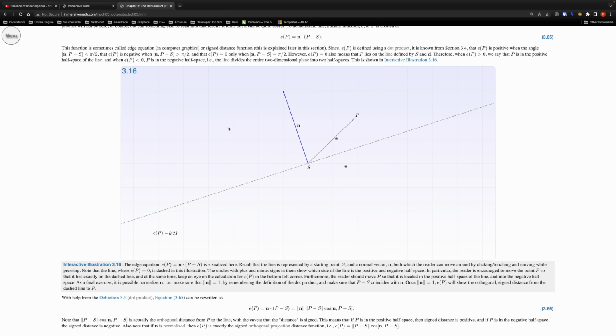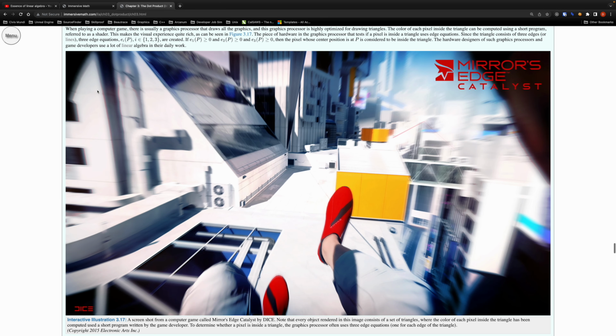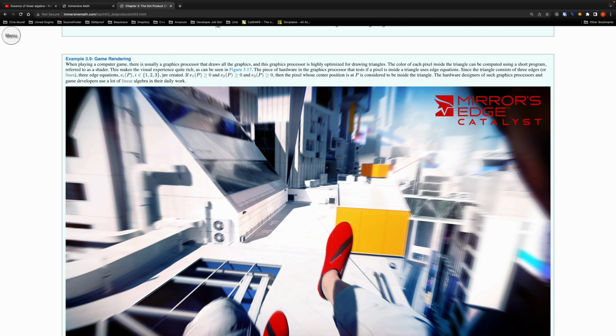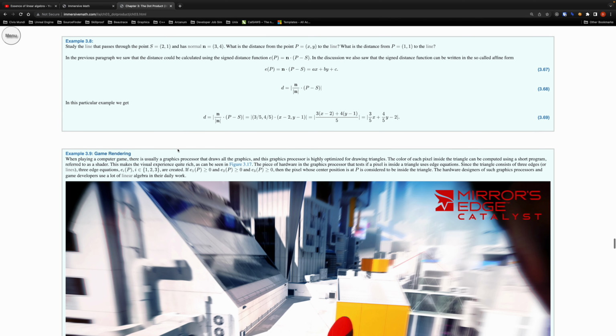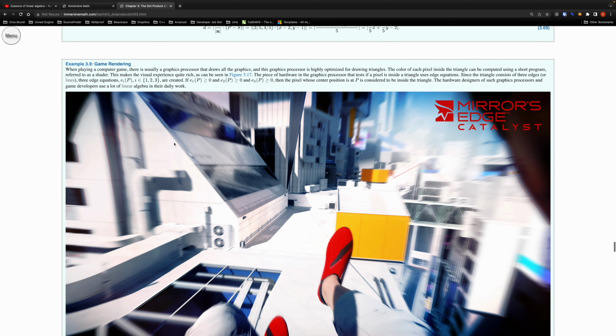The second reason why I really like it is that this book is very specific to computer graphics, so it discusses things from the perspective of computer graphics, and it gives you really nice examples of what types of things you might want to use this math for. For example, it talks about how a GPU figures out which pixel lies within a specific triangle, and it says, okay, here is this formula that we discussed, and here is how it is actually used in computer graphics.